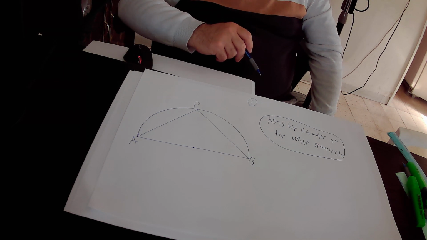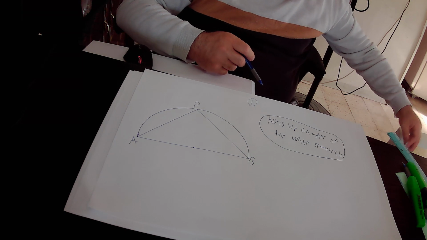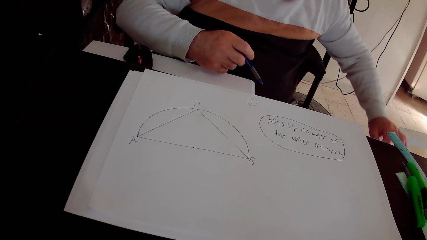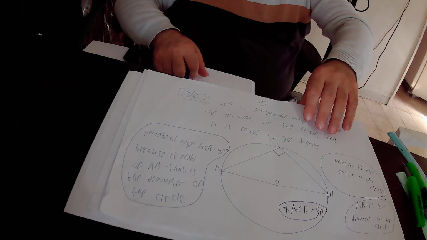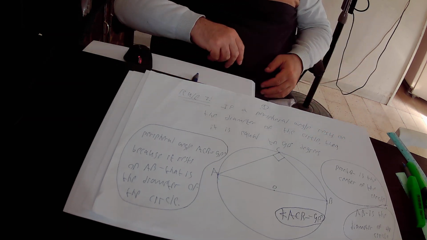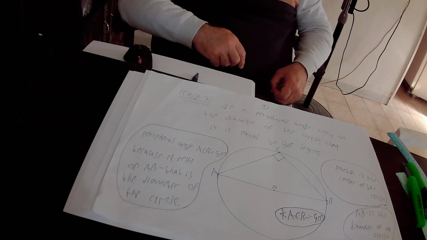So here we can implement rule 7. I'll repeat quickly rule 7. According to rule 7, if a peripheral angle is subtended on the diameter of the circle, then it is equal to 90 degrees in its size.